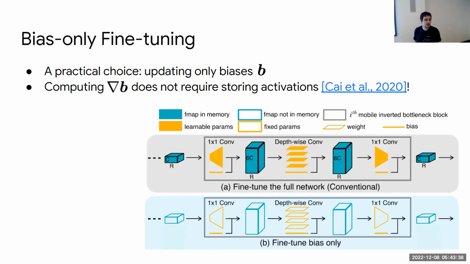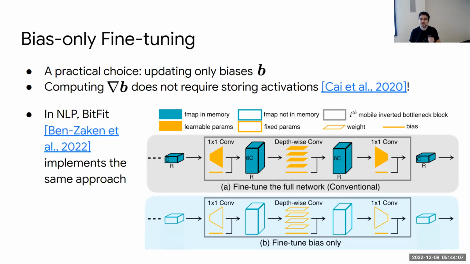For standard fine-tuning, you need to keep all of the parameters, both of the convolutions and all of the filter parameters, as well as the bias parameters, all of them in memory to compute all of their gradients. But in this case, if you only update the biases, you do not need to store any of these and only need to store the bias parameters in memory. So this can be quite memory efficient during training.